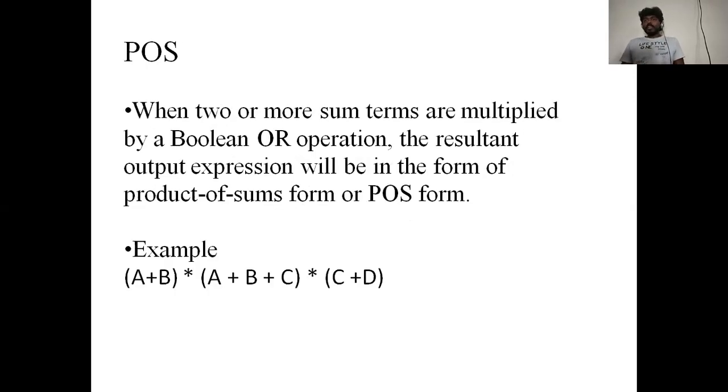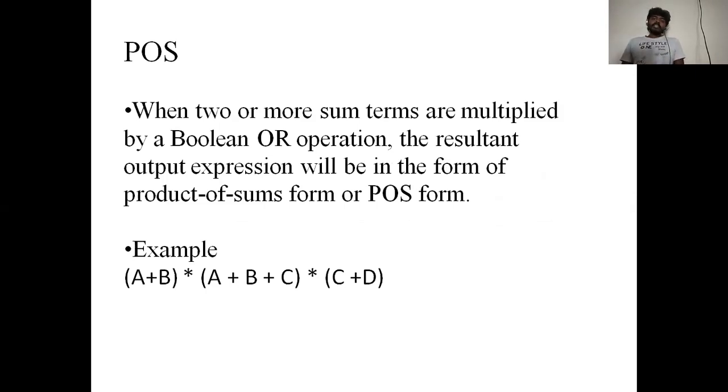And next is product of sum. This product of sum is exactly opposite to that of sum of product. Here, when two or more sum terms are multiplied by a Boolean operation, in case of SOP, we have summed the product terms, but here in case of POS, we are multiplying the sum terms. Look at the example there.